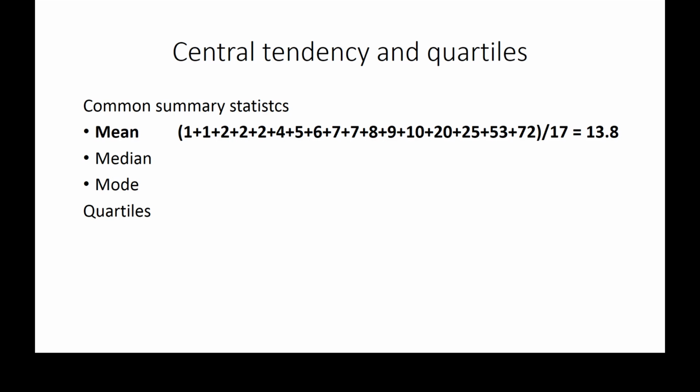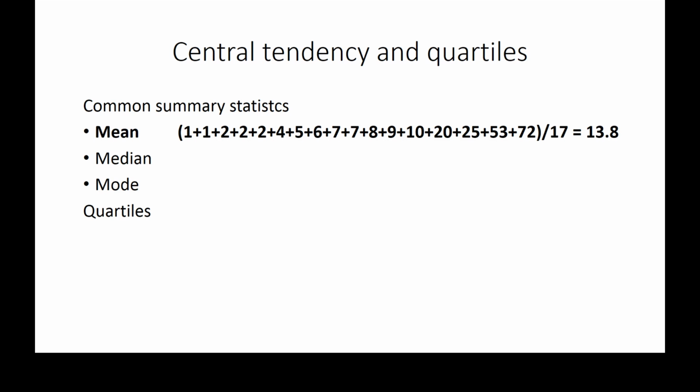The mean is the sum of all observations divided by the number of observations. This is a useful measure when data is quite symmetric. It can be useful if data is skewed as well. It depends on what the research question is.